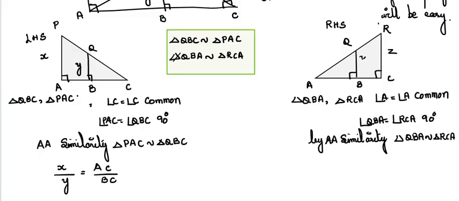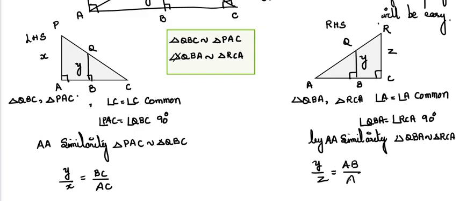Here this was Z and this was Y. Sorry, again I made a mistake. Y by X is equal to BC by AC. Y by Z is equal to AB by AC.